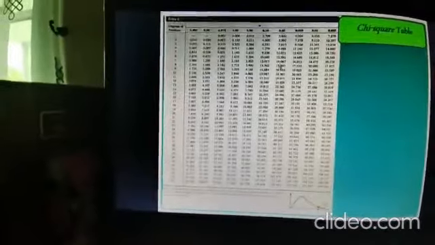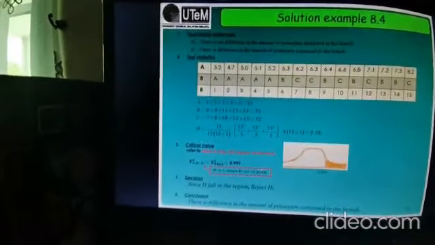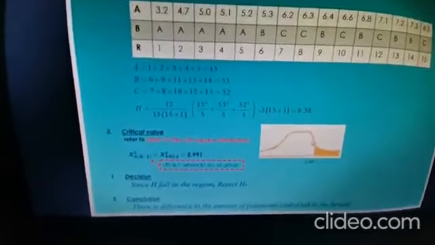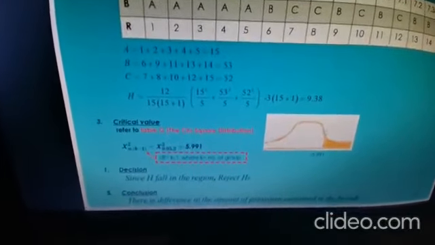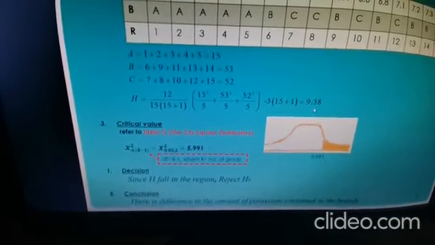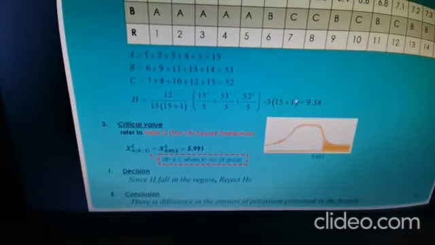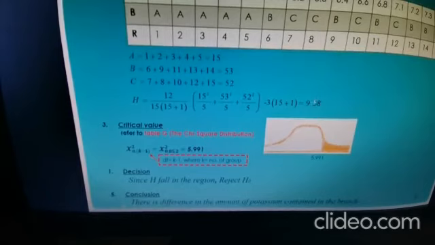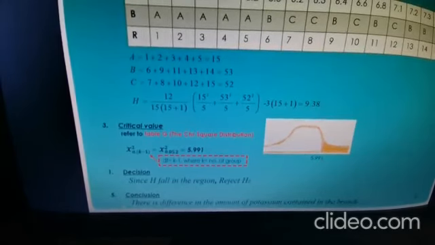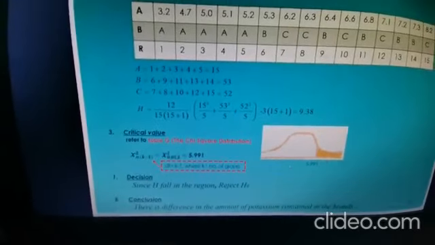We put the value as the critical line in the diagram, 5.991, and then you compare the calculated value 9.38 with this critical line. It falls into the rejection region.